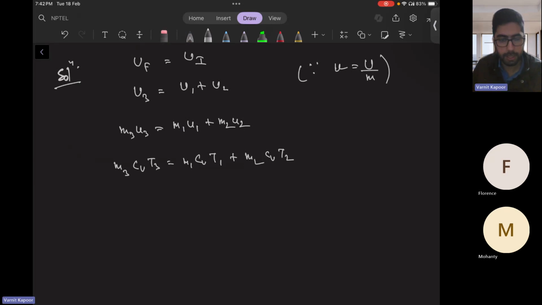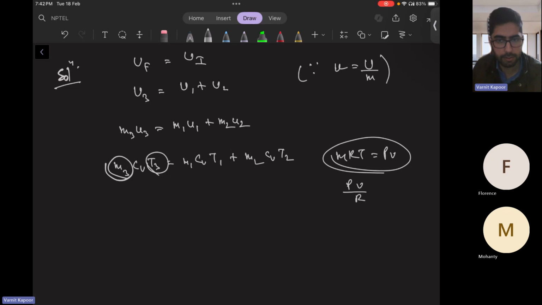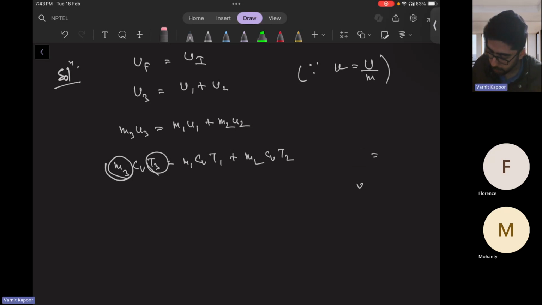But what we can do from the ideal gas law is mRT equal to PV. So we can write m into T as PV by R, where R is a gas constant. Cv cancels out because it's the same.